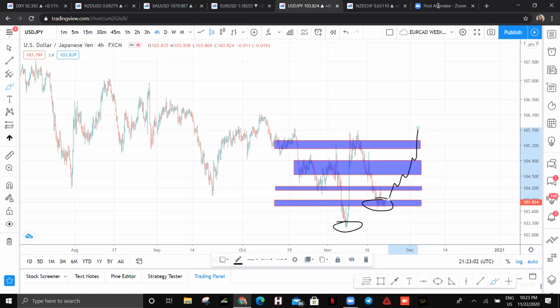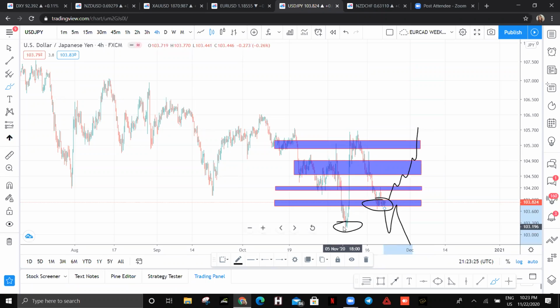So now this is the move I'm expecting on USD/JPY. Price is currently sitting on a support level. But if it doesn't play out like I'm expecting, it will drop like this, react this way, and drop.